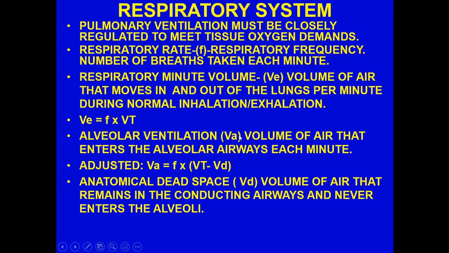The alveolar ventilation is the amount of air that enters the alveolar pathways each minute. So VA is equal to F times (tidal volume minus VD). What is VD? That's anatomical dead space, the volume of air that remains in the conducting airways and never enters the alveoli.